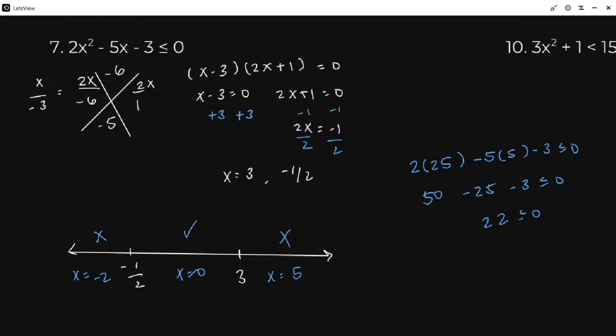So that means our answers would have to be between negative 1/2 and 3. And our signs would be equal to, because the original problem was equal to.